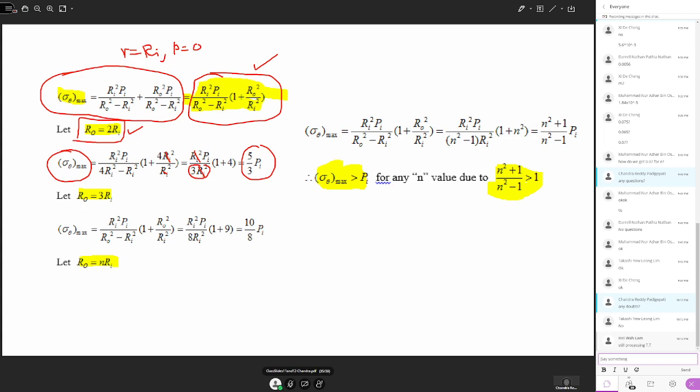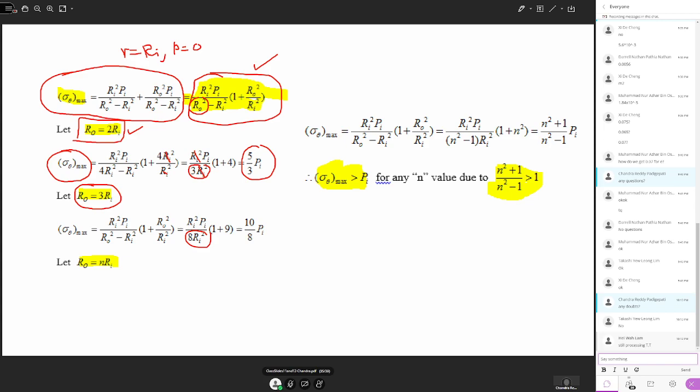Next we take outer radius as 3 times inner radius, 3 Ri. Again in this formula we replace Ro square with 9 Ri square. So 9 Ri square minus Ri square, you get 8 Ri square.